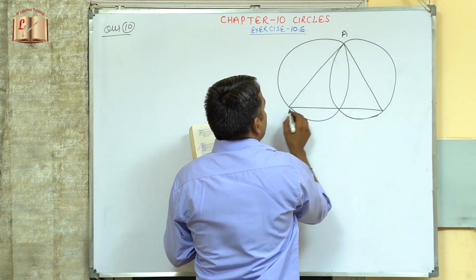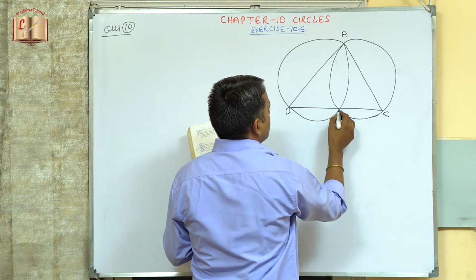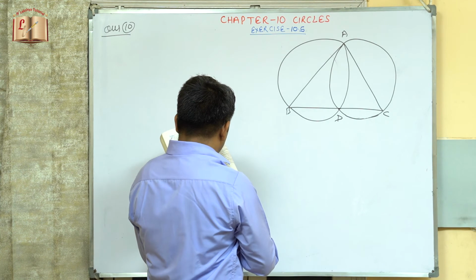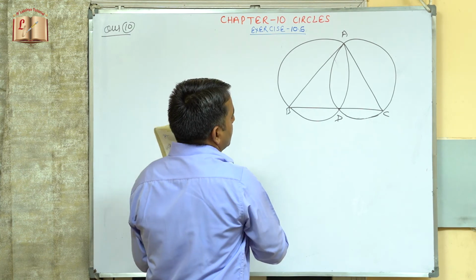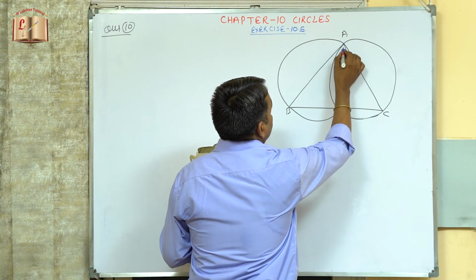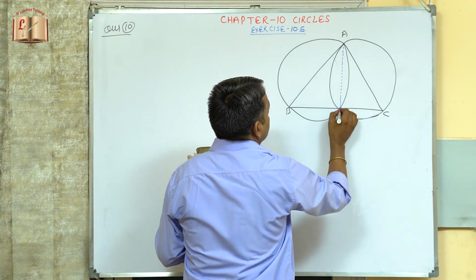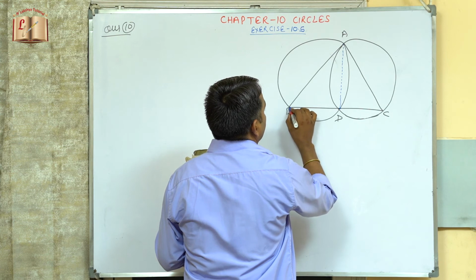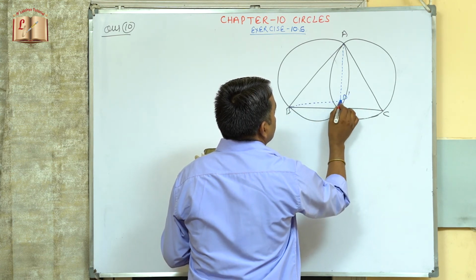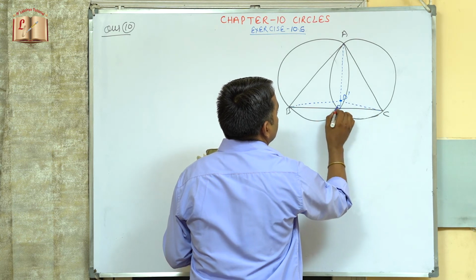So this is now point A, B and C, and this is the point of intersection D. Suppose they are not intersecting at point D. So we will join this part and again draw a line. Suppose this is now D dash.